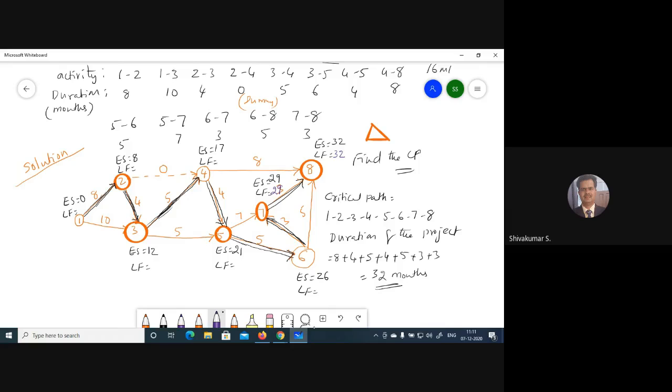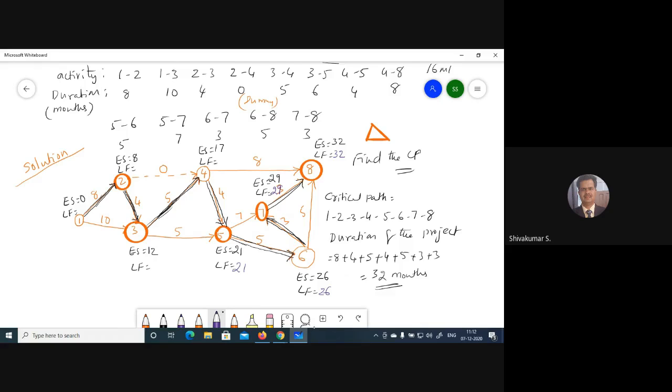Just here, 32 minus 5, it is 27. But here 29 minus 3, 26. So least value. Next here, 26 minus 5, 21. 29 minus 7, 22. So it is 21.